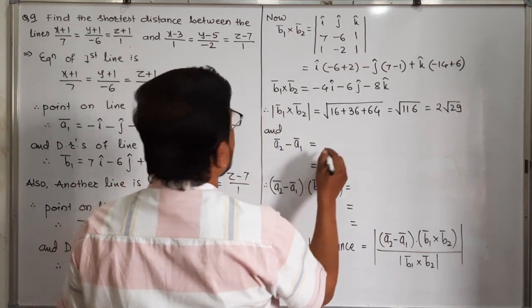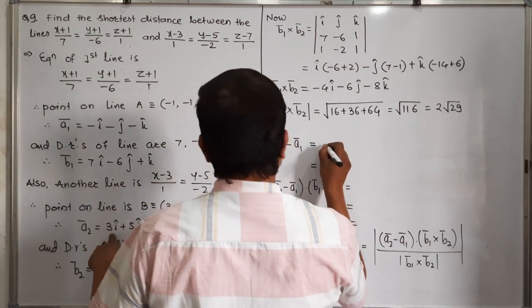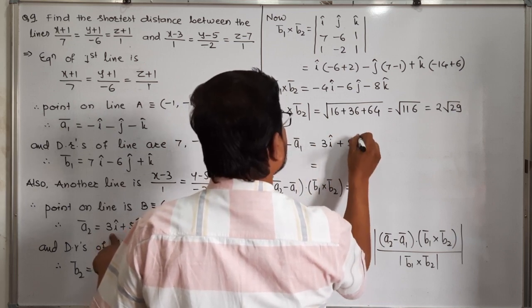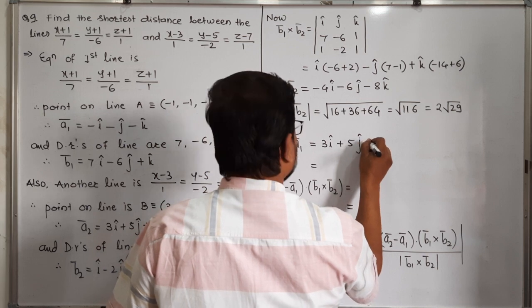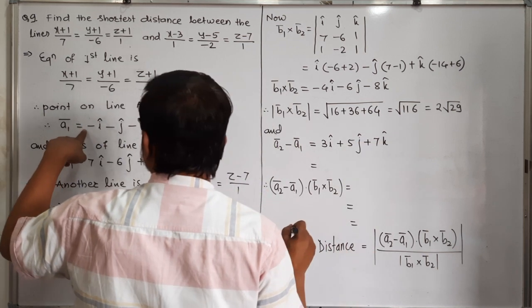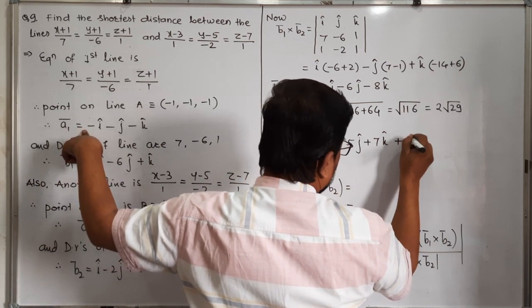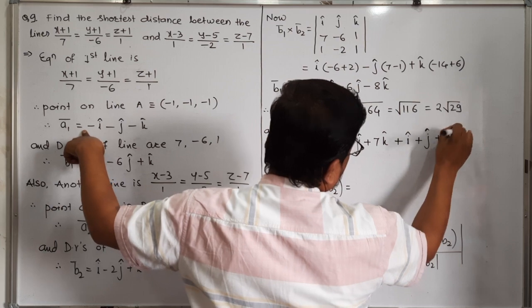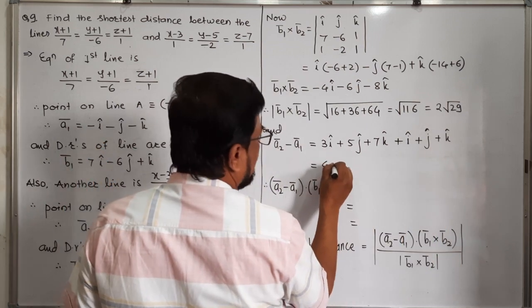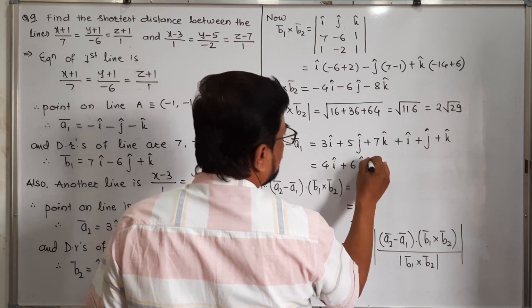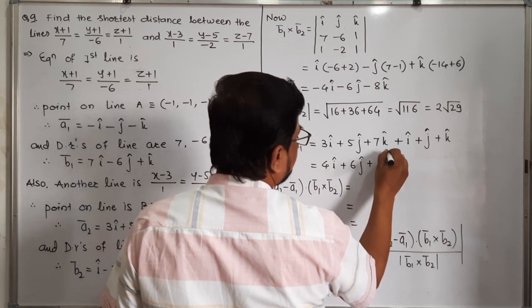Now a2 minus a1. a2 is here 3i cap plus 5j cap plus 7k cap, minus a1 is plus i cap plus j cap plus k cap. That is nothing but 4i cap plus 6j cap plus 8k cap.